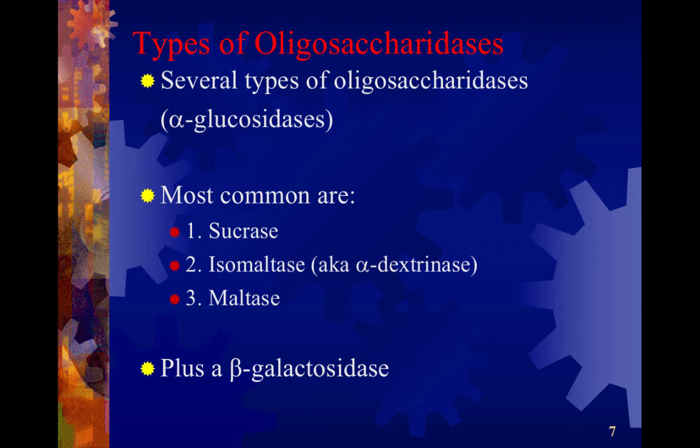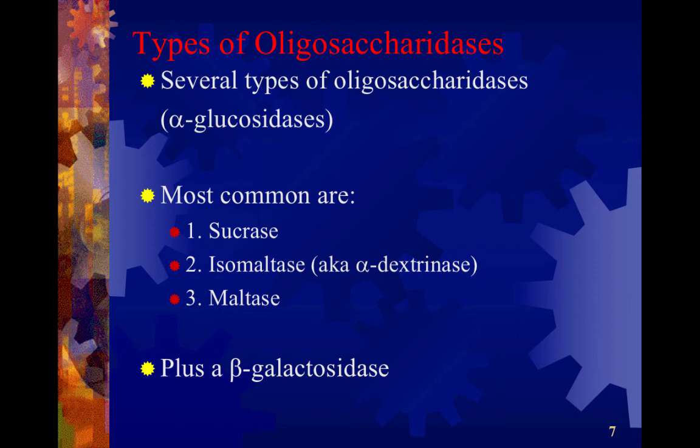Sucrase cleaves sucrose, for example. And there's also another enzyme called a beta-galactosidase. Right? So rather than an alpha-glucosidase, this is a beta-galactosidase. And as its name implies, it targets molecules that have a beta-glycosidic bond and contain a galactose. And that happens to be lactase, that enzyme.